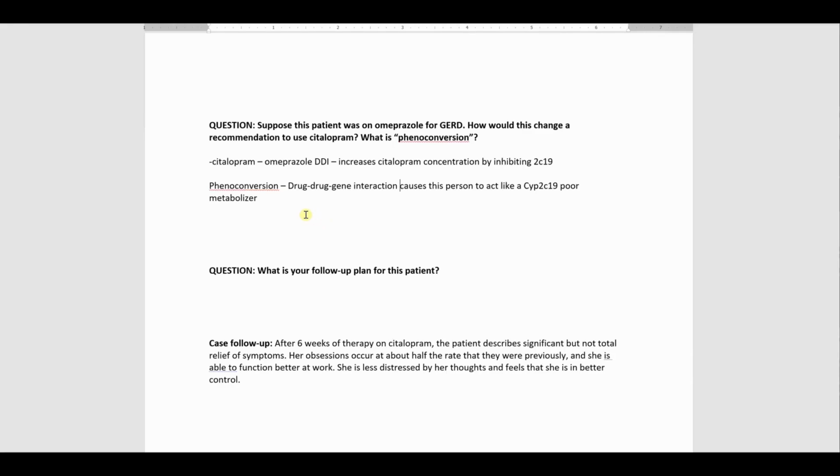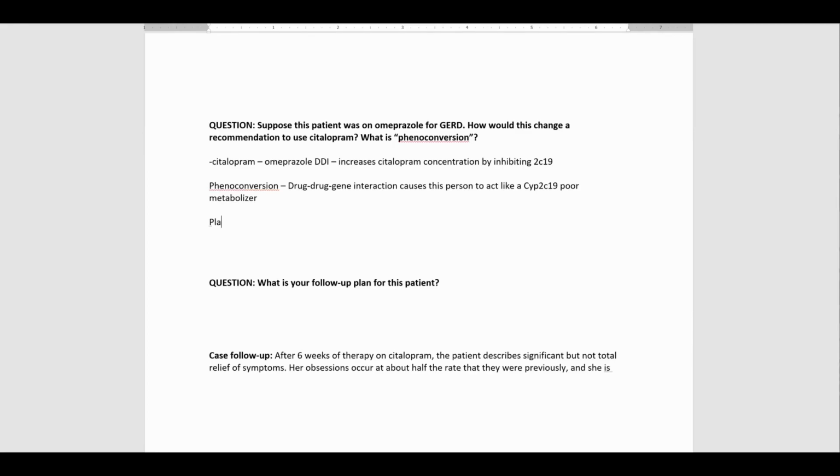What would our plan be here? It would probably be to monitor and consider dose reduction if side effects or risk of side effects is present. So again, phenoconversion is just a fancy word for a drug-drug gene interaction. So what some other ones you could have?